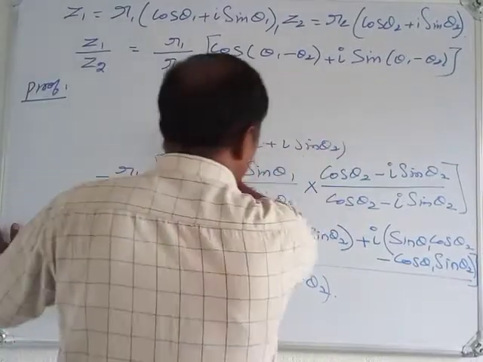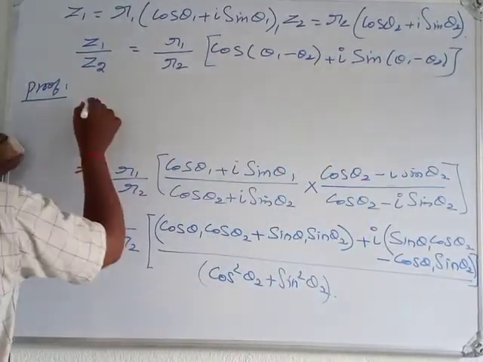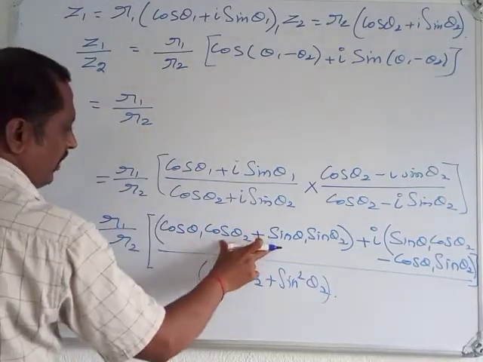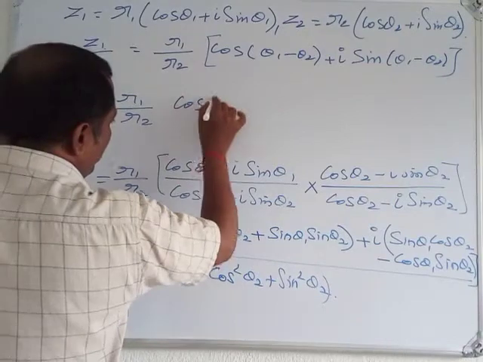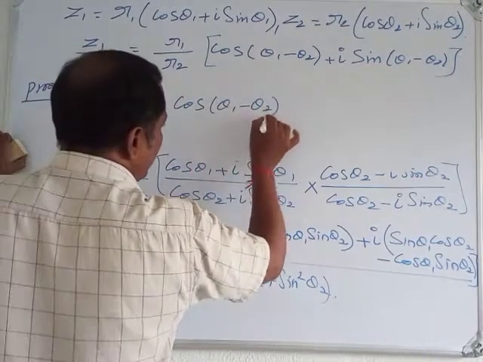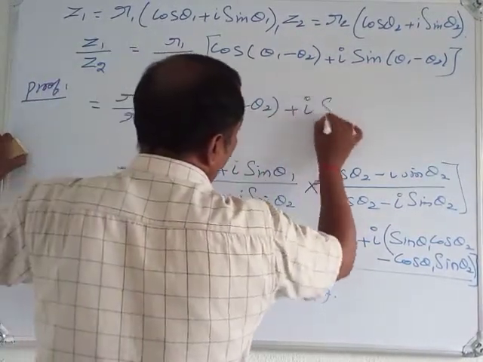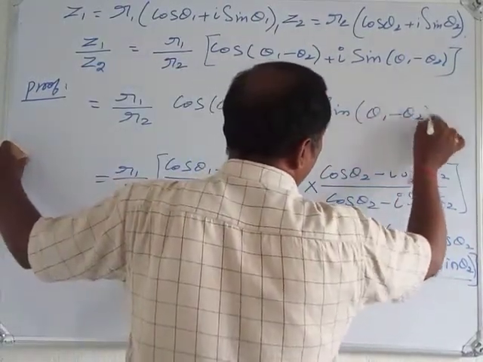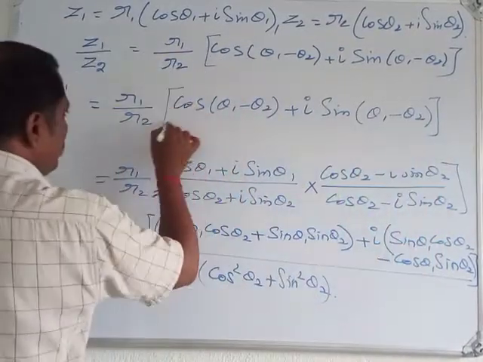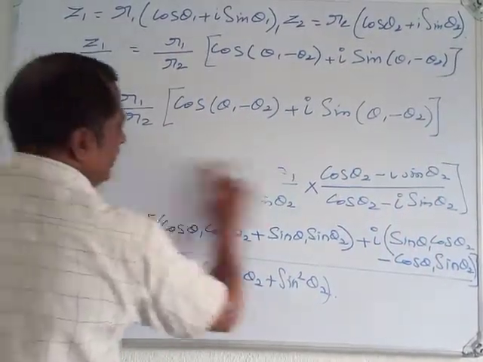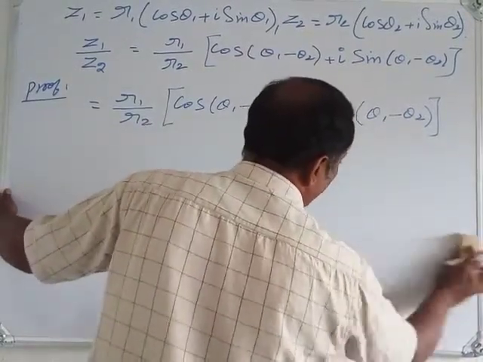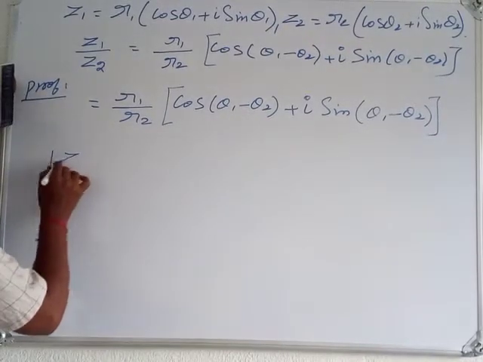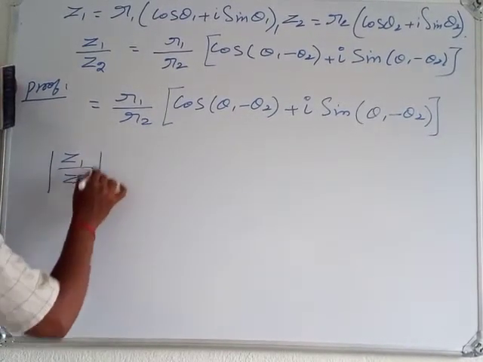So this implies z1 by z2 is equal to r1 divided by r2. The formula for this is cos of a minus b, so cos of θ1 minus θ2, plus i into the formula for this part, sin of a minus b, that is sin of θ1 minus θ2. This is the division formula. This is the division property. So z1 divided by z2. What is the modulus of z1 divided by z2?